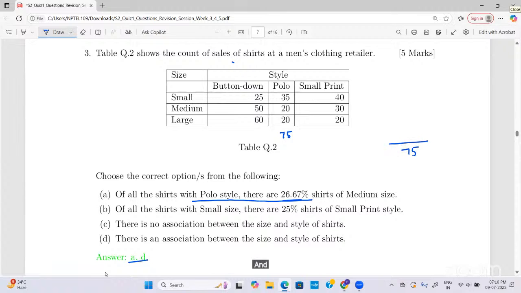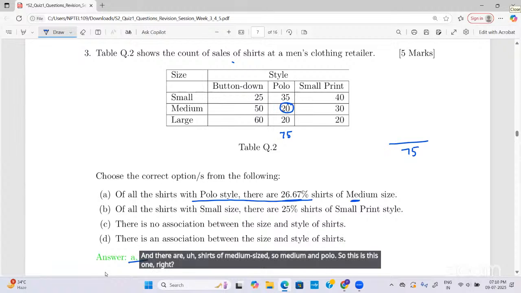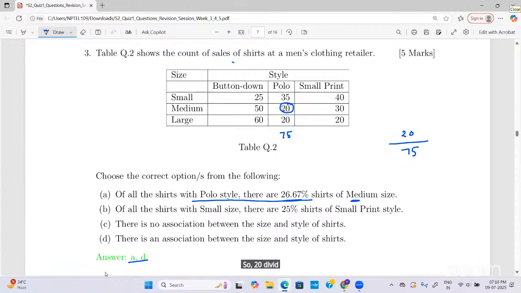And there are shirts of medium size. So medium and polo is this one, 20. So 20 divided by 75 will be 26.67% if you take the percentage. Is it clear?